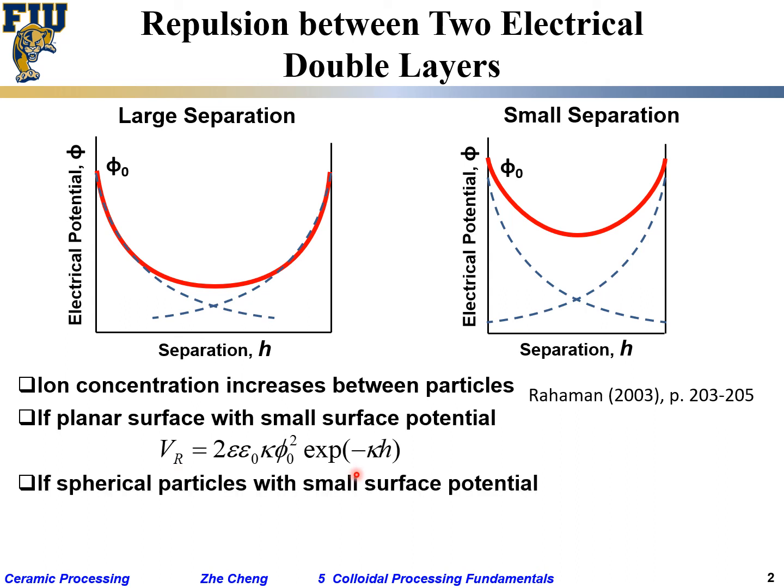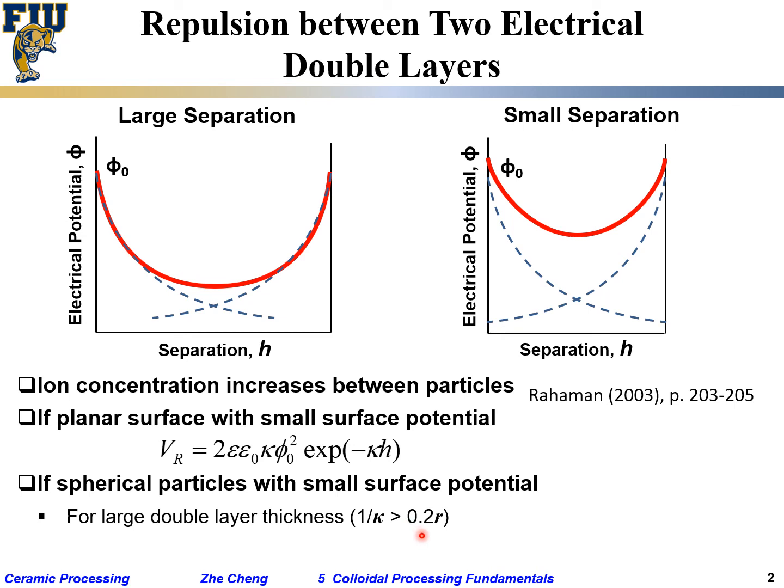Or if we are dealing with two spherical particles with small surface potential, if we have a large Debye length, when we say large Debye length, we are saying 1 over kappa is greater than 0.2 of the radius. Kappa is essentially a rough measure of your double layer thickness compared with the particle radius.